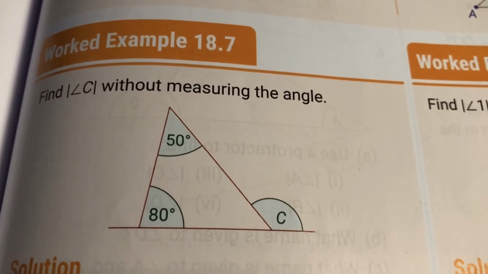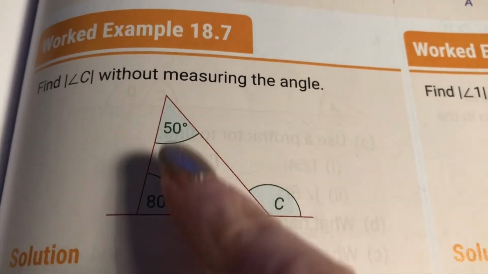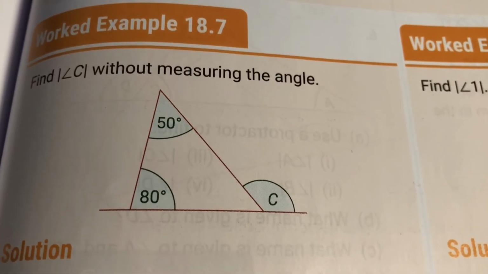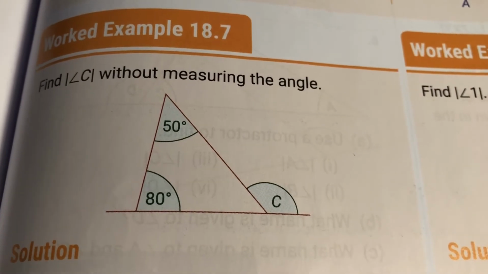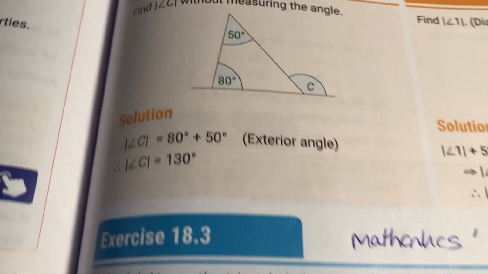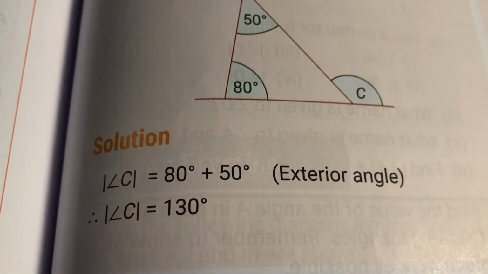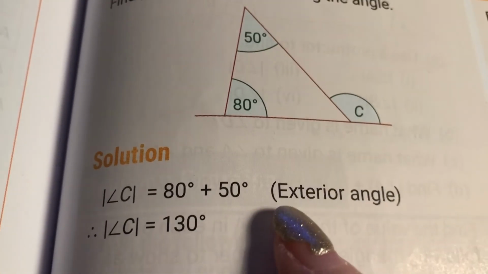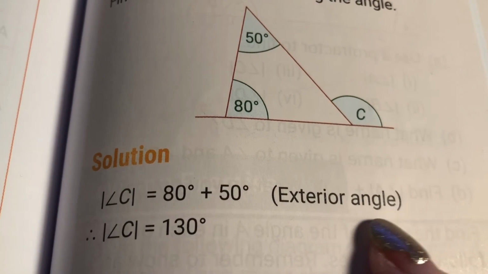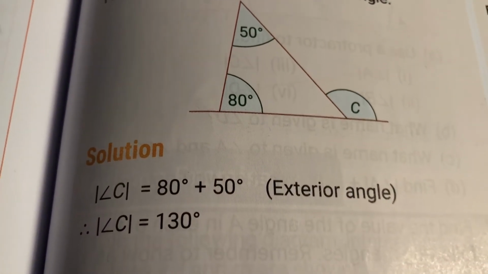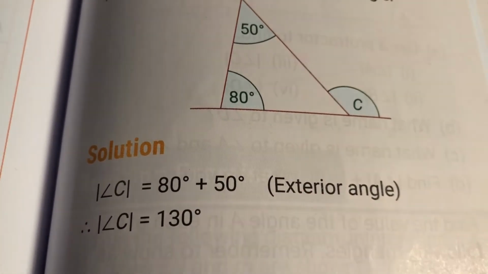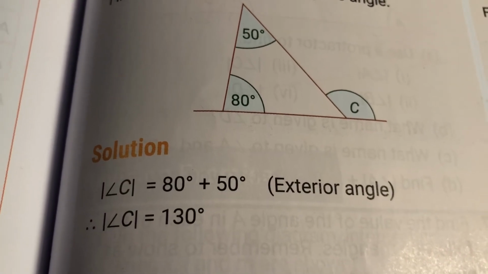And that makes 80 plus 50. Well, that's 130 degrees. So therefore, angle C is 130 degrees, and that's because it is an exterior angle. And it would be okay to use exterior, or you could even write Theorem 6.